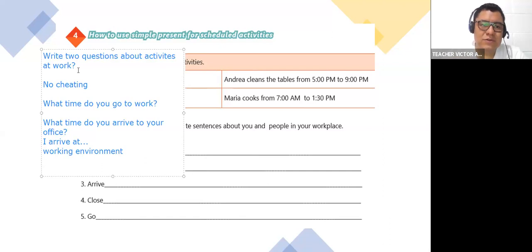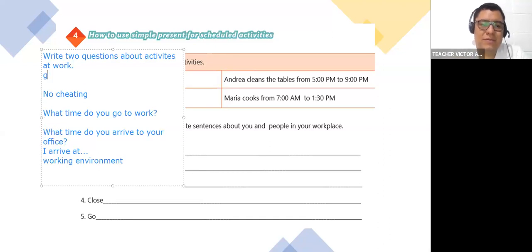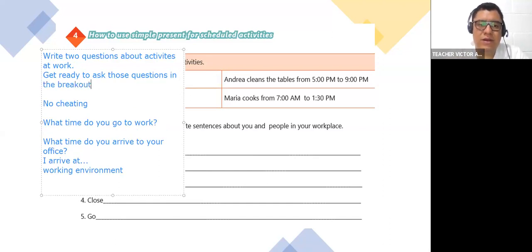So I will write it here. Write 2 questions about activities at work. Get ready to ask those questions in the breakout room assigned. First, you write those 2 questions, and then you will get ready to ask those questions in the breakout rooms, right?